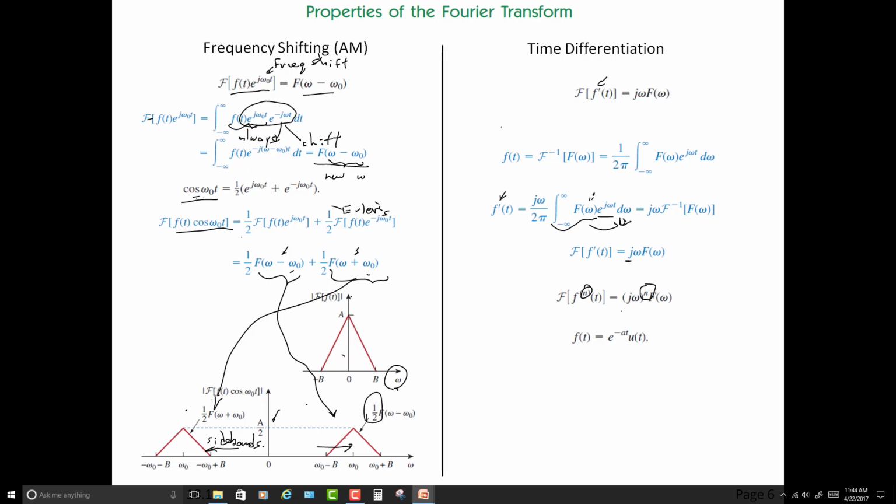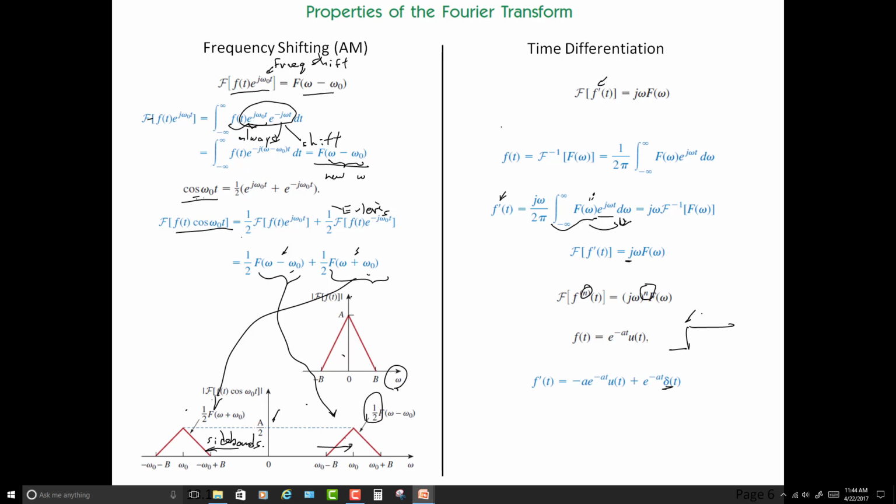So taking this as an example, if my function is e to the minus at times the step function, the first derivative is minus a e to the minus at u of t, plus e to the minus at times the delta function, right? And it's pretty easy to see that the unit step function is this.